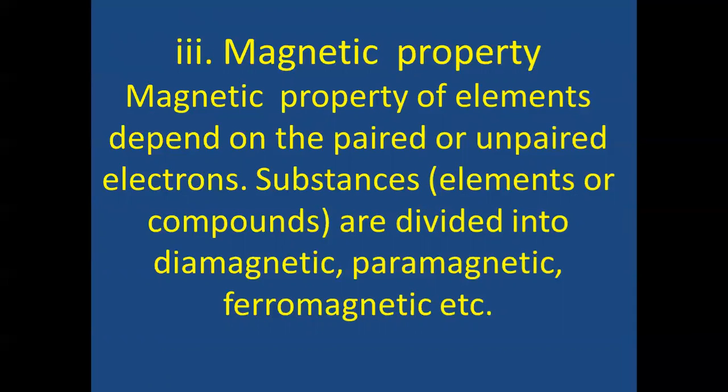It is nothing but a field around a particular object called a magnet, due to which it attracts certain types of elements and compounds. For example, elements like iron, cobalt, nickel, etc. are attracted by a magnet. And a magnet is generally made up of iron.